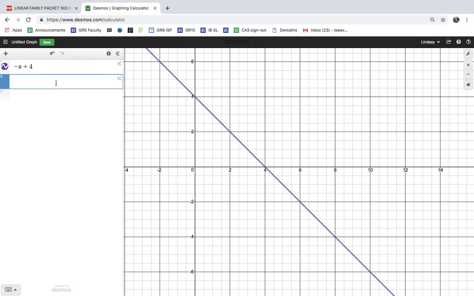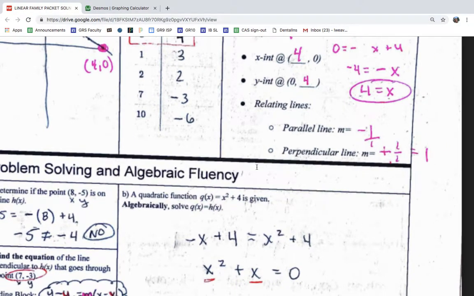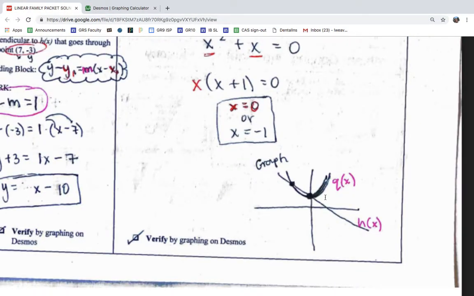And my right-hand side is a quadratic, x squared plus 4. And so I know that I'll have two solutions. One is x equals 0, and the other one is x equals -1. And I could jot that little graph here and label my solutions just so I know what I'm working towards.